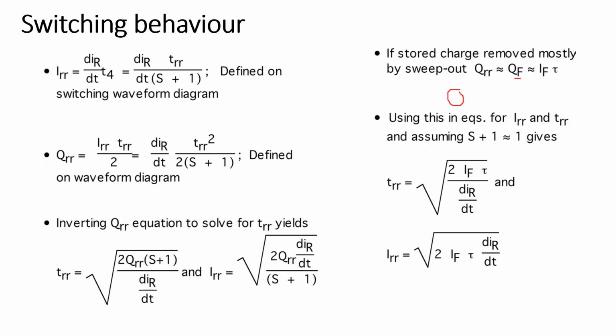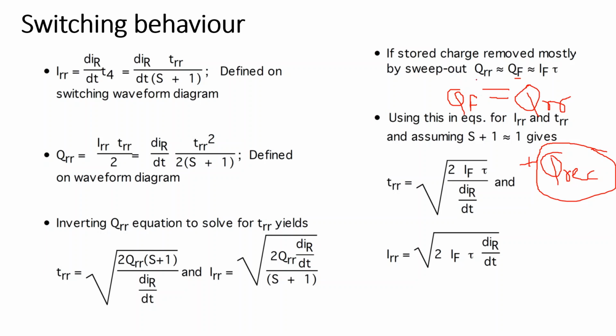We discussed that QF equals QRR plus Q recombination, but we assume the charge removed by recombination is very low compared to the charge removed by the reverse recovery current.